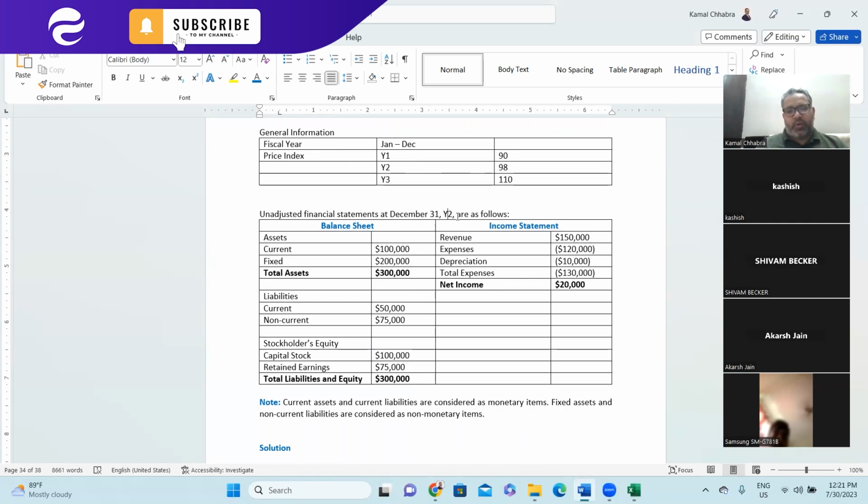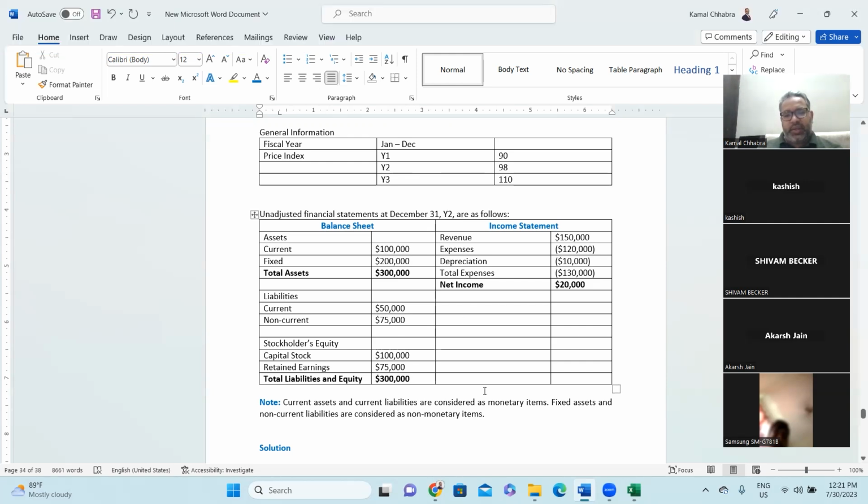has been as follows. You have assets, which include current assets as well as fixed assets, and you have liabilities, which include current liability and non-current liability. Then you have shareholder equity, which includes stock and retained earnings. In the income statement you have revenue, expenses, depreciation, total expense and net income, which is given to you.